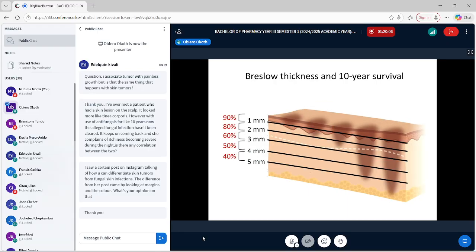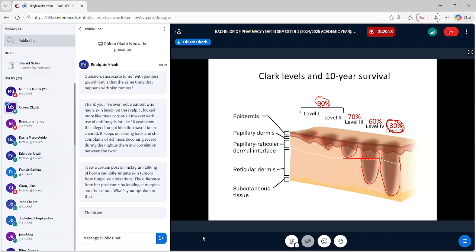And something of 4 millimeter, more than 4 millimeter is a stage T4. T4A without ulcer, T4B with an ulcer, giving you a 5-year survival rate of less than 30%.